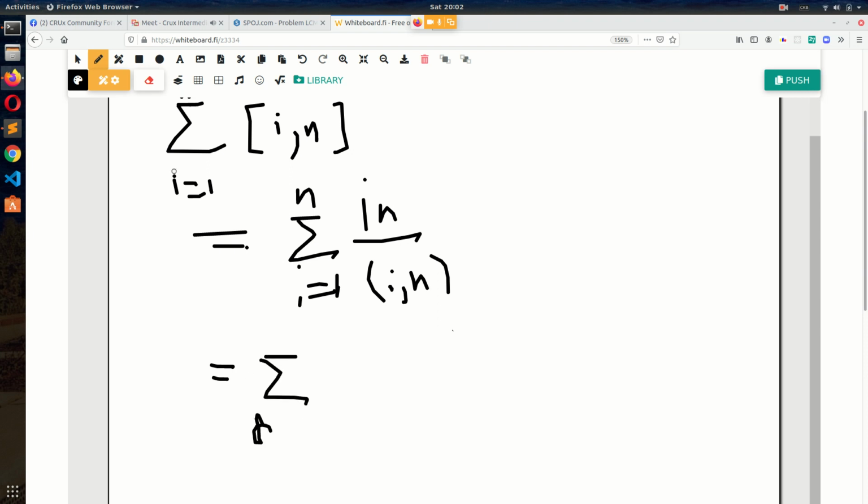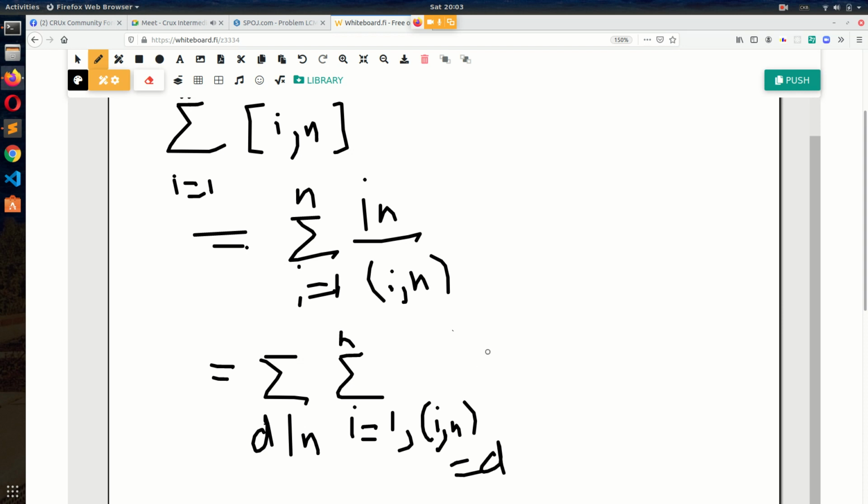This becomes: sum over d dividing n, the divisors of n, and i equals 1 till n, such that the GCD of i comma n is equal to d, and this value becomes i times n divided by d here.